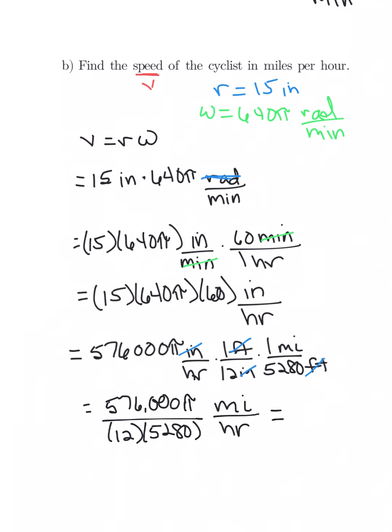If you do that calculation, you get 28.6, which we need to round to the nearest whole, which will be 29 miles per hour.